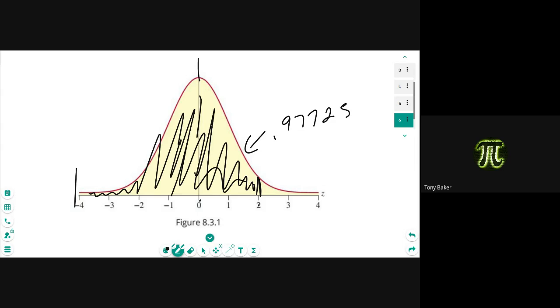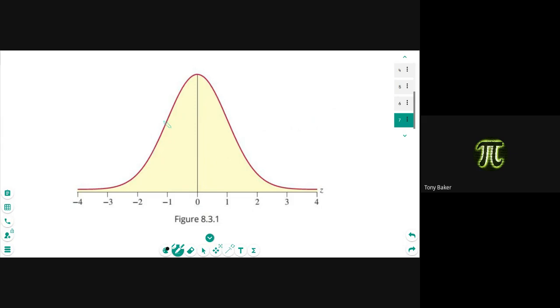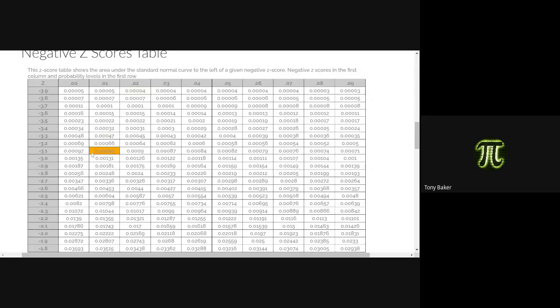That's important to understand. So if we looked at, let's say, negative 1.52. Okay. So now you're going to look at the negative Z table. And we're going to look for negative 1.52.